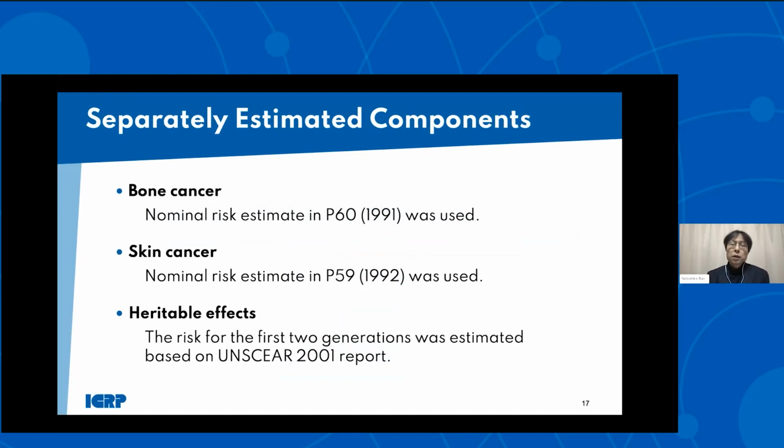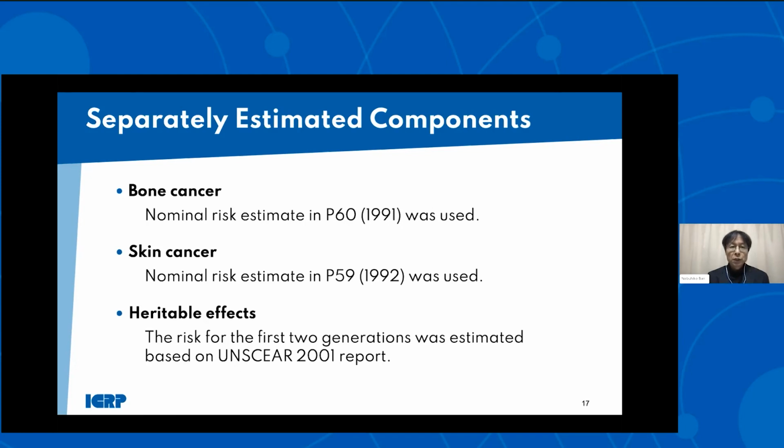Nominal risk was separately estimated for some components. They are bone cancer, skin cancer, and heritable effects. There is evidence that bone cancer could be induced by radiation, but the LSS provided no data.